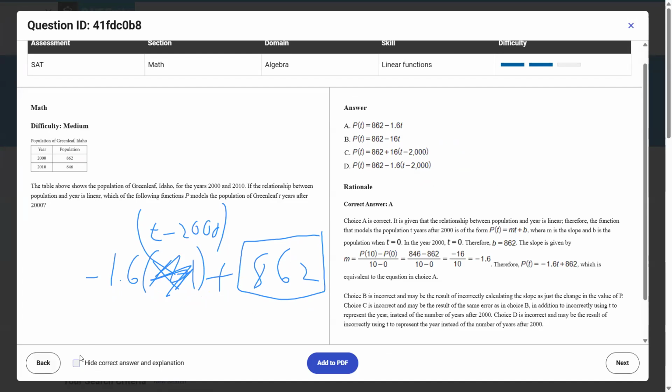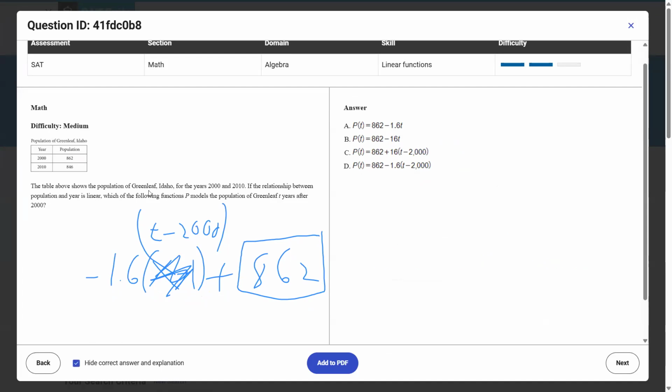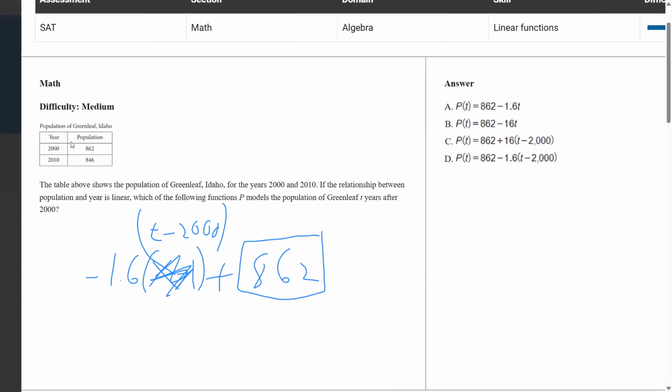Here, when t is equal to 0, what will be the value of y? 862, right? When t is equal to 0 here, here 0, here 1, right? So the answer should be E.